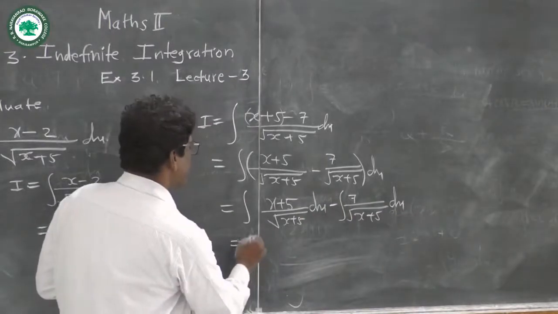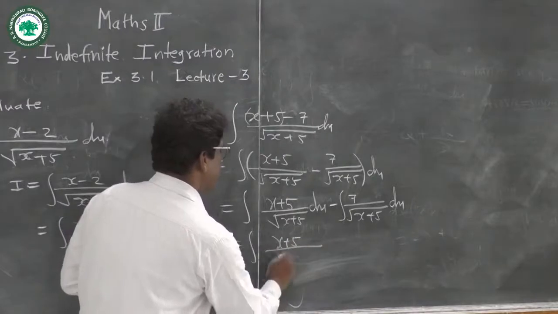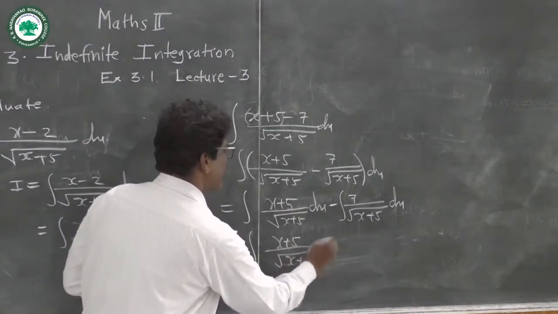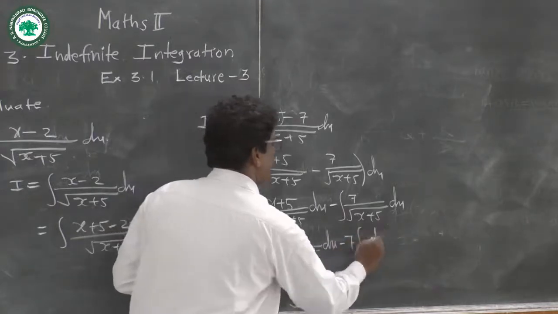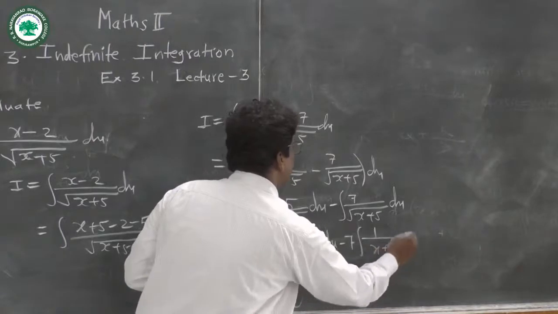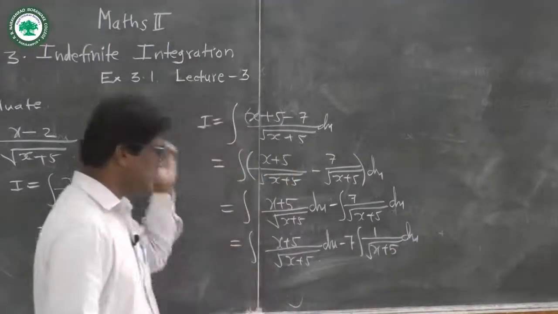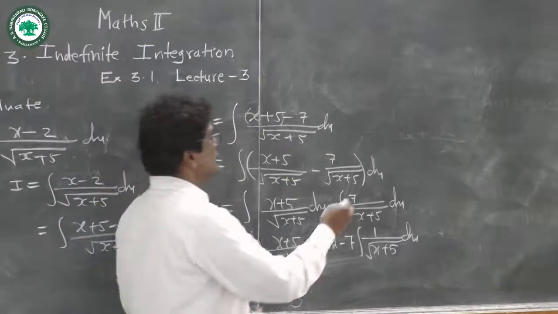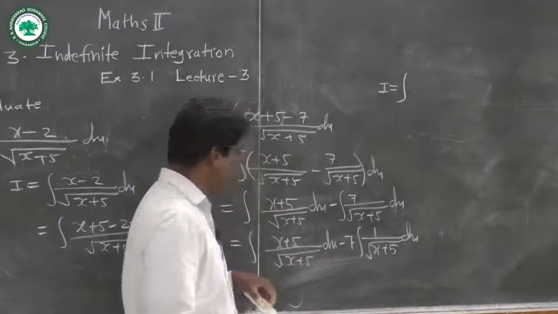So it is equal to integration of x plus 5 divided by root of x plus 5 dx minus 7 into integration of 1 upon root of x plus 5 dx.